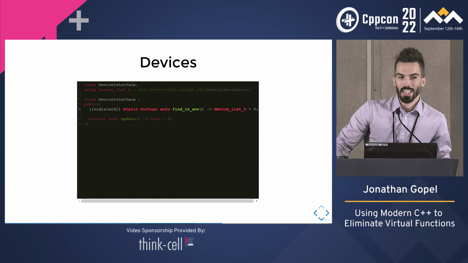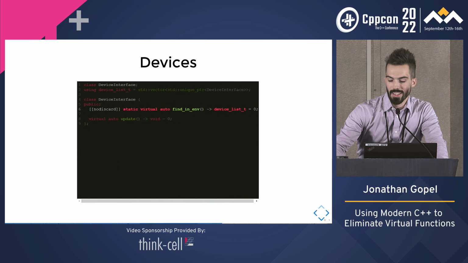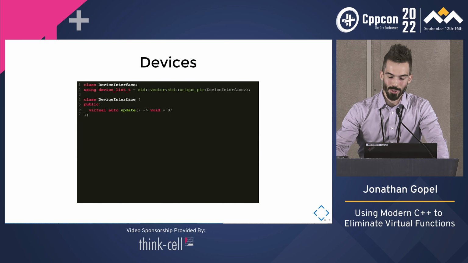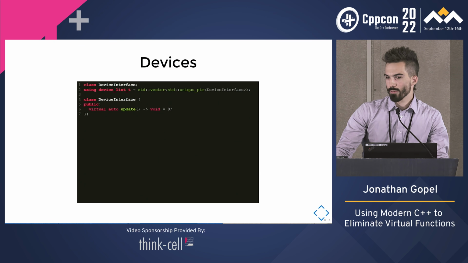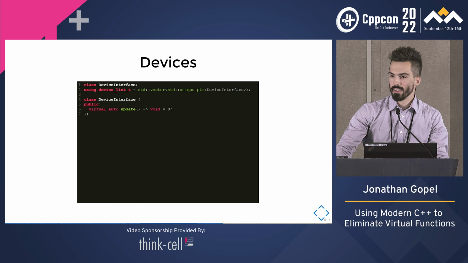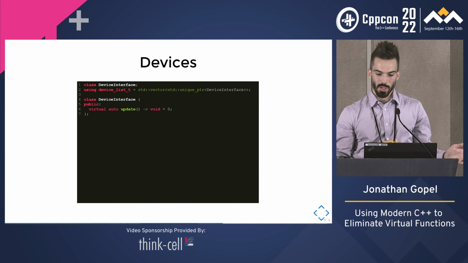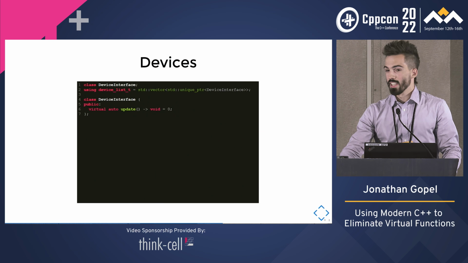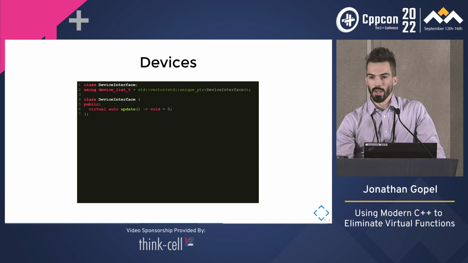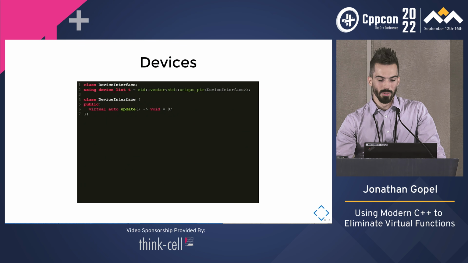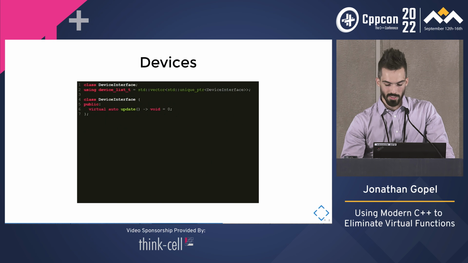Anyone see anything about this they don't like? Yeah, it's static. We can't actually say virtual on static, so we can't really bind that as part of our interface. So this is where we end up, and then we're just going to eat the compiler error when that happens, and hopefully we won't make any mistakes.